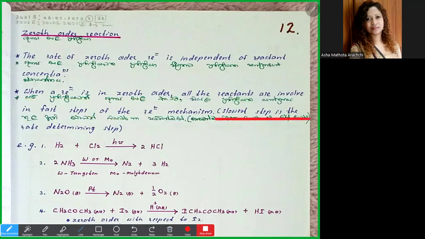Within brackets, the slowest step is the rate determining step.